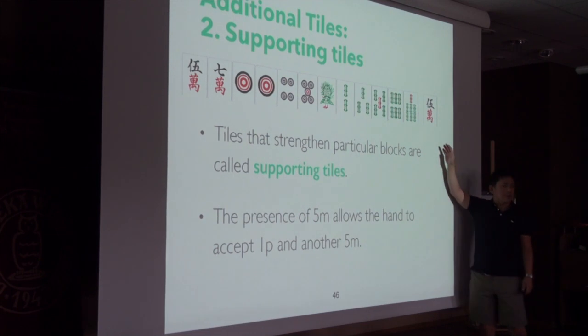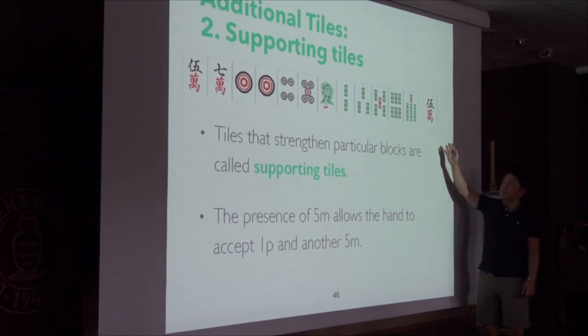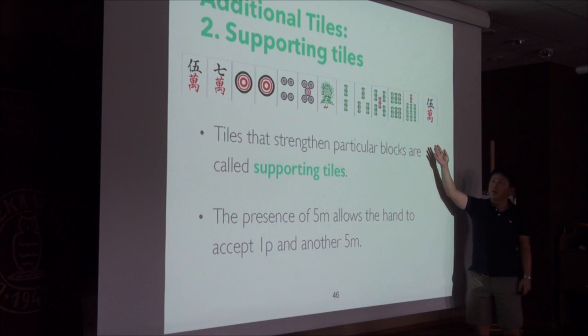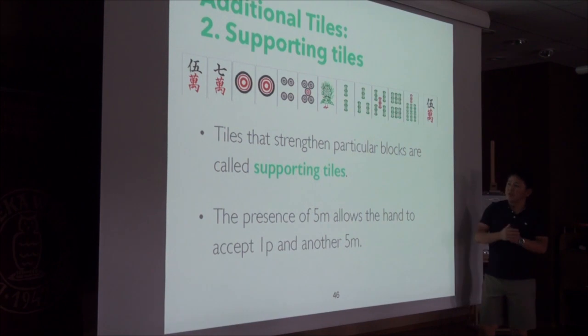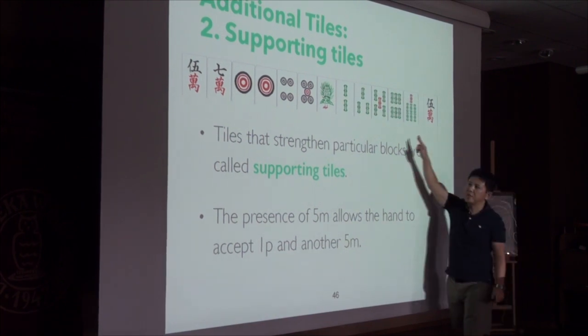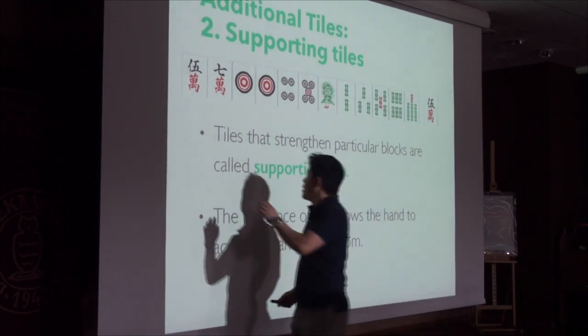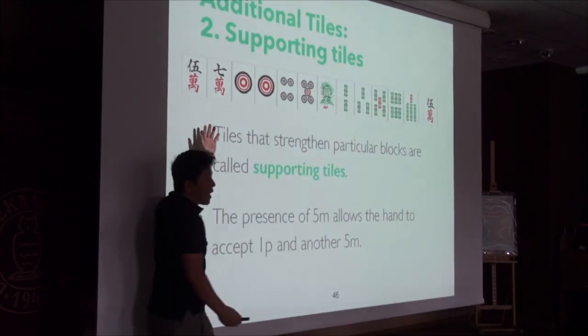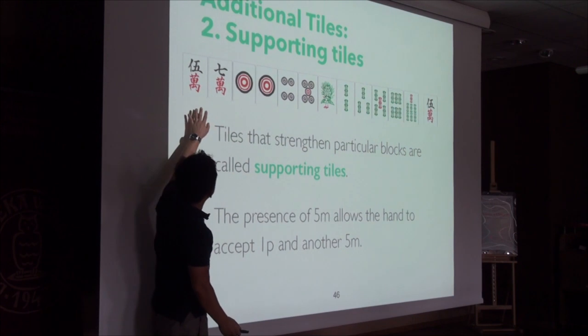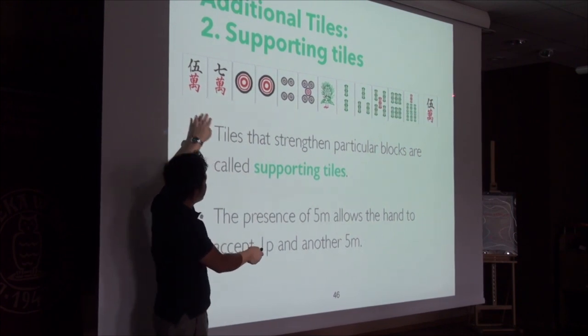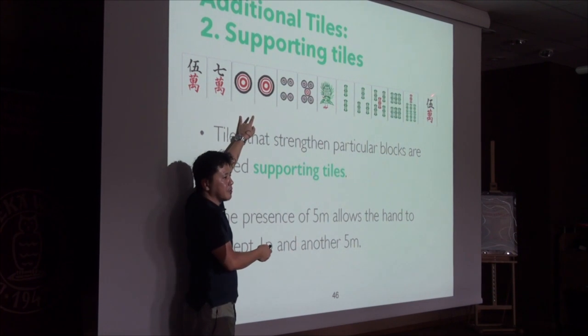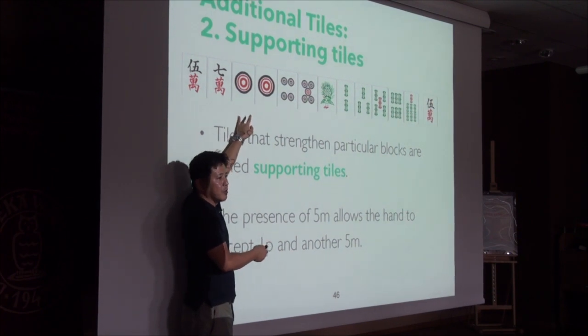Tiles that are connected to one of the blocks in the hand are called supporting tiles. Right? So for example, 5 man could be considered a supporting tile, because this allows the hand to accept more tiles, right? So since we have an additional 5 man, we can accept 2 more copies of 1 pin, 1 circle, right?